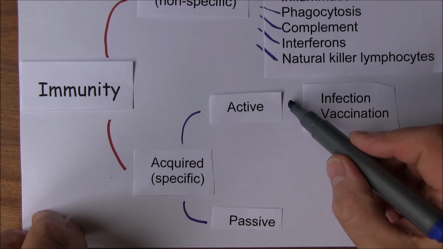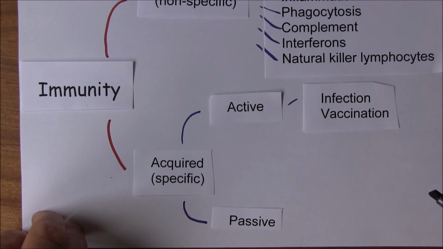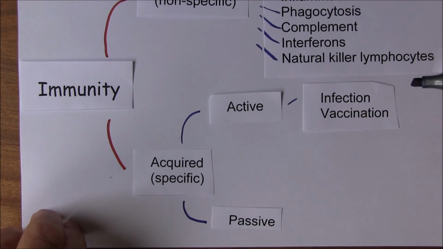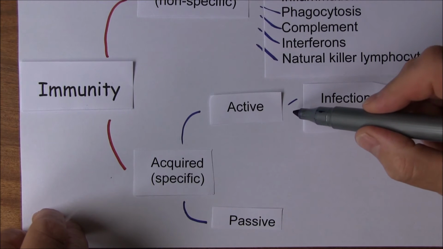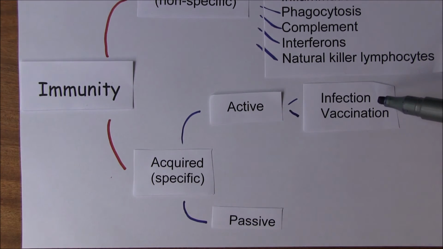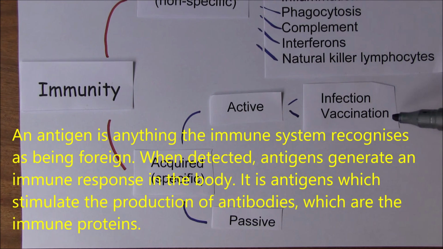One is because they've been infected by the organism in question and they've generated a specific immune response to that organism, or alternatively they've been given dead or attenuated versions of that organism or antigenic components of that organism in the form of vaccination.